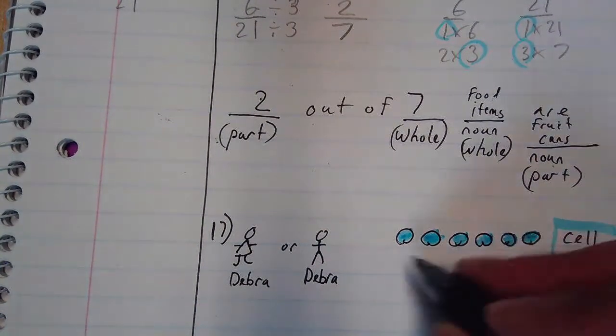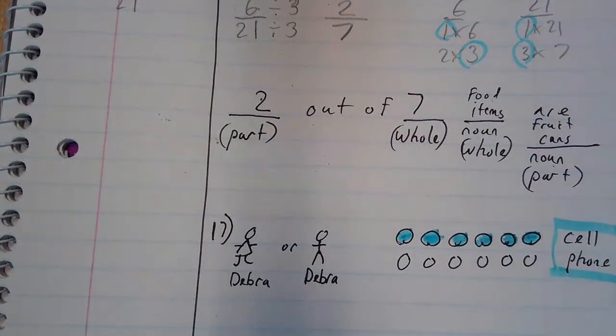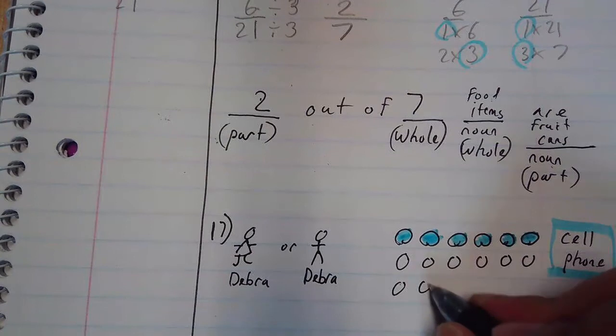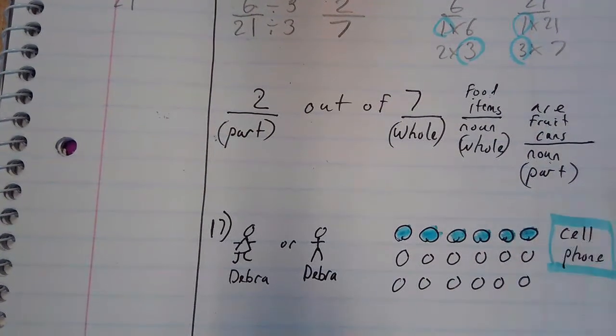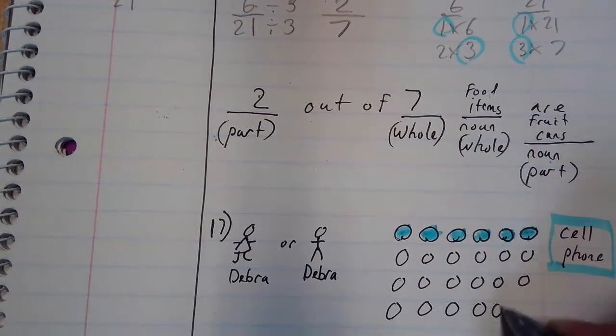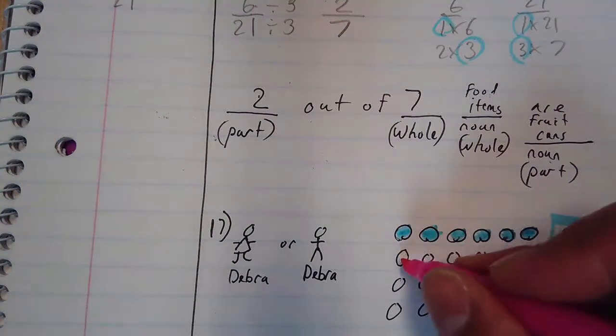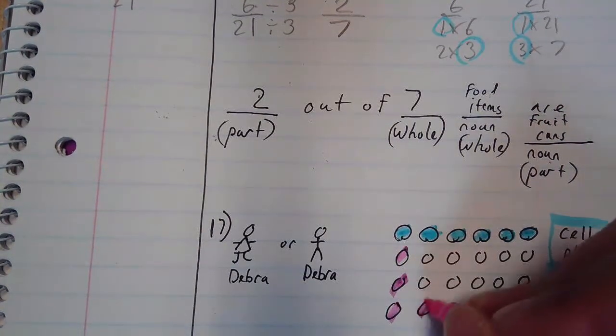All right. 1, 2, 3, 4, 5, 6. That's 12 students. 2, 3, 4, 5, 6. That's 18 students. 1, 2, 3, 4, 5, 6. That's 24 students. And these guys do not have a cell phone.